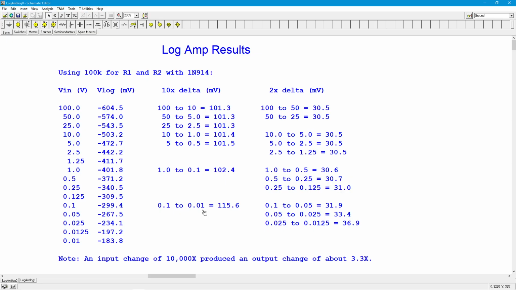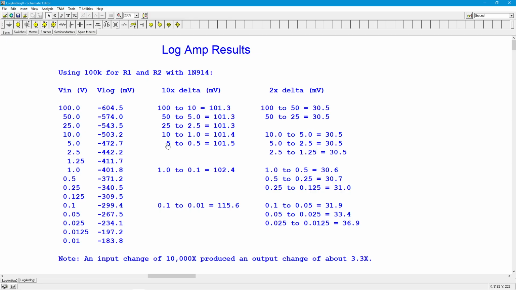Now, the reason for that is because of some approximations that are made in terms of the log current-voltage characteristic. I go through this in some detail in the op amp textbook, the free textbook that you can download. No reason to really get into it here.